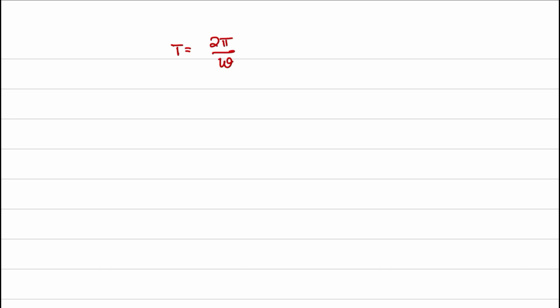Please remember this. It is a very important equation. For 2 pi radians, for a circle, when there is an angular velocity omega, time period is equal to 2 pi by omega. Very important equation, applicable in quantum physics. In almost all the physics applications it is applicable, including engineering physics and higher level physics. T is equal to 2 pi by omega.